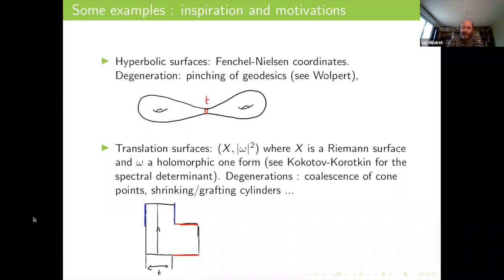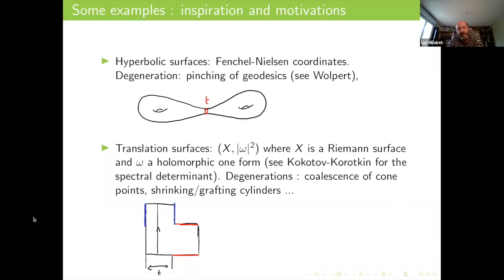There has been great work by Kokotov and Korotkin, where they compute the spectral determinant for this flat metric with cone points, giving an exact formula using objects from the complex geometry of the surface.